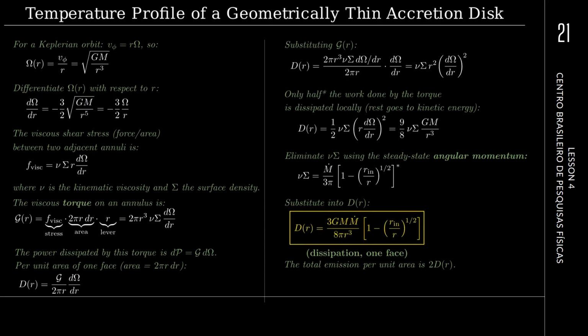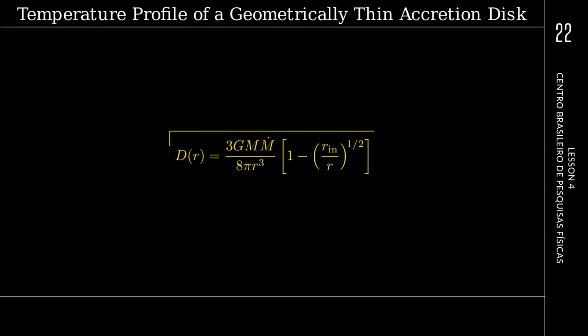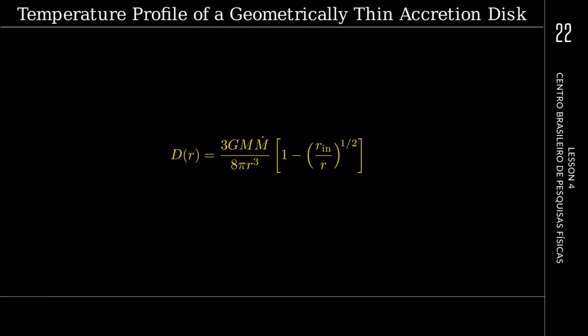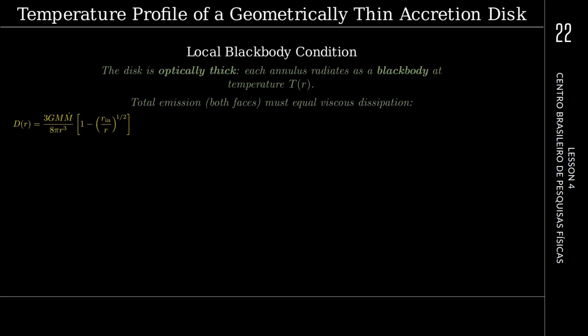So the total emission per unit area will be 2 times this. But this is the same for the black body emission for each ring, so the factor of 2 will be cancelled. This is the formula we just derived. And for the local black body condition, twice the black body emission is equal to this formula here.